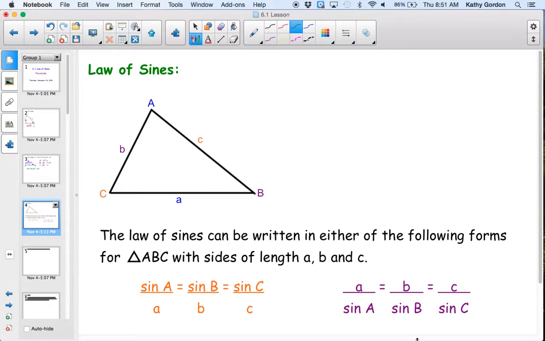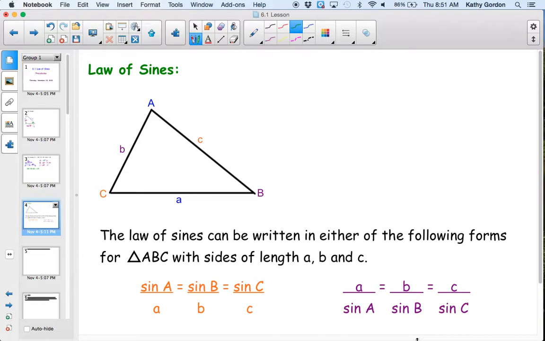So sine of A over A has to be an equivalent ratio to the sine of B over B, which has to be an equivalent ratio to the sine of C over C. That ratio has to be equivalent throughout your entire triangle.